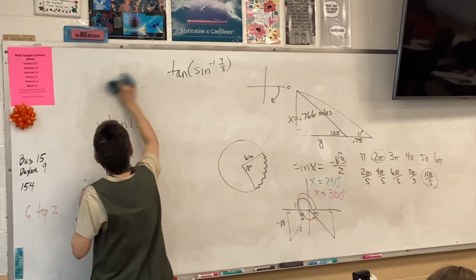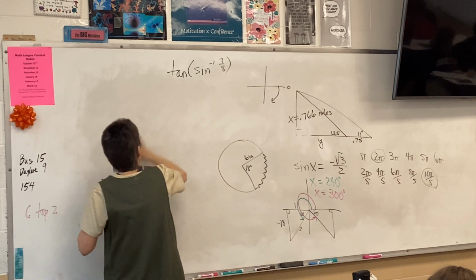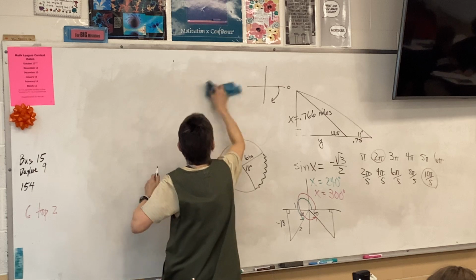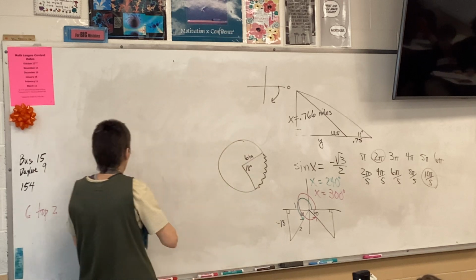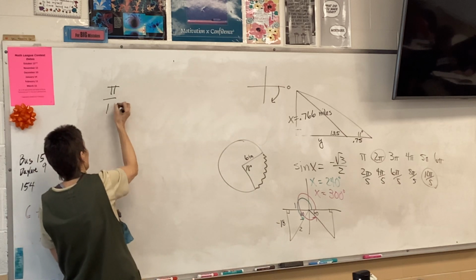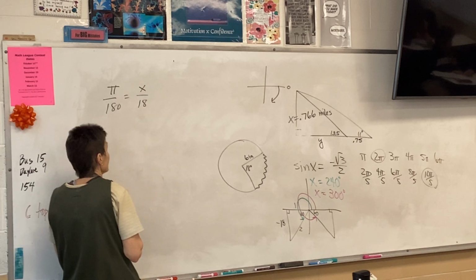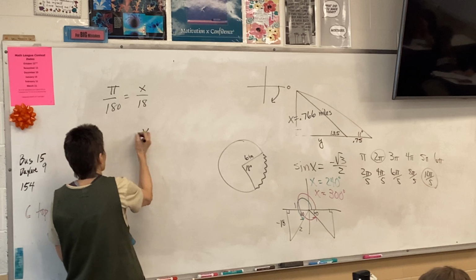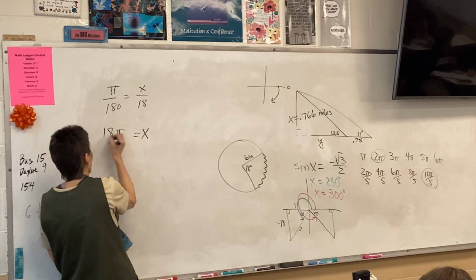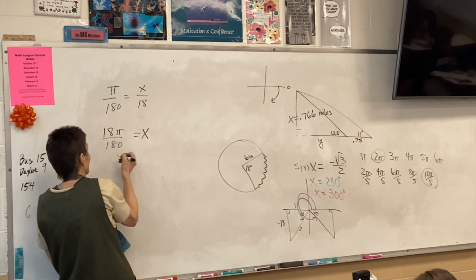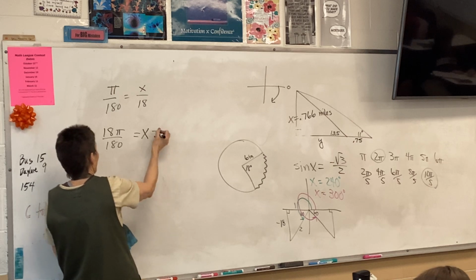So over to the side, I will quickly do pi over 180 equals something over 18. So x is going to equal 18 pi over 180, which reduces to pi over 10.